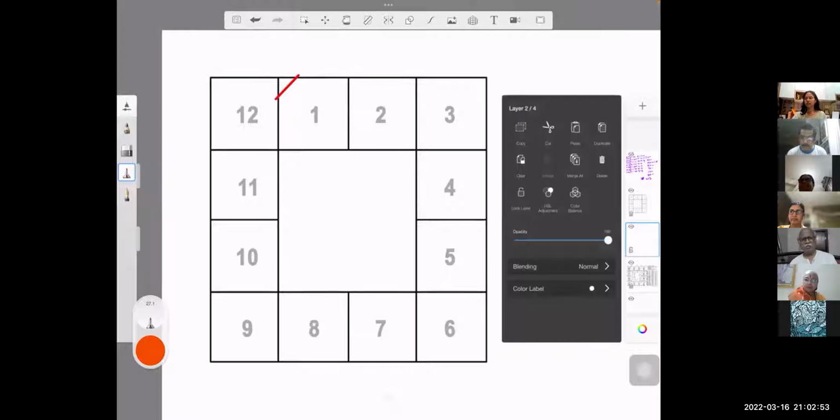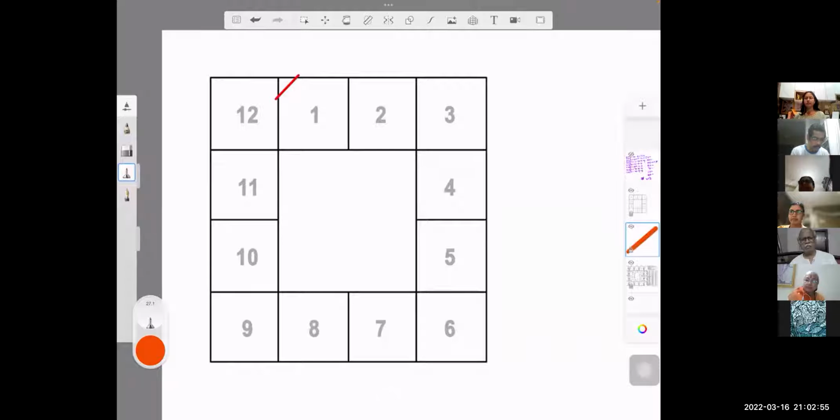Let's talk about Shipra's case. Shipra, this is your ascendant.